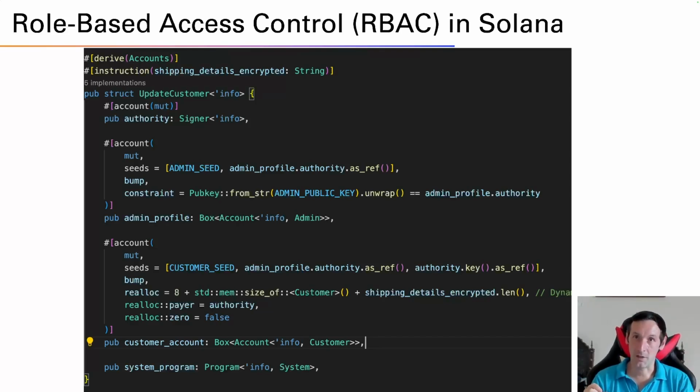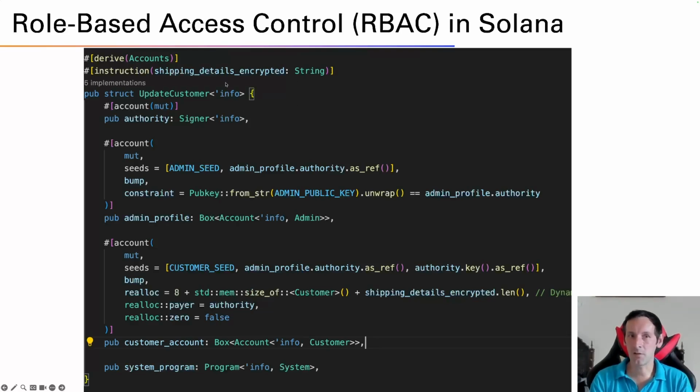The context for this particular update customer instruction is associated with this update customer struct, which specifies the accounts that the instruction to update the customer is going to receive, right?